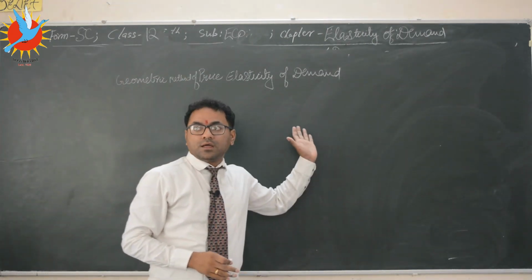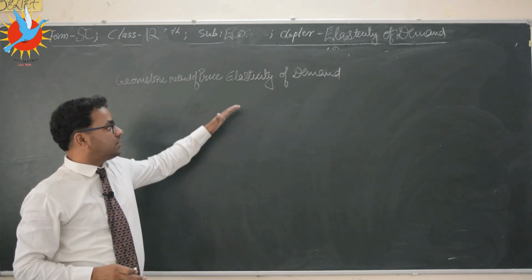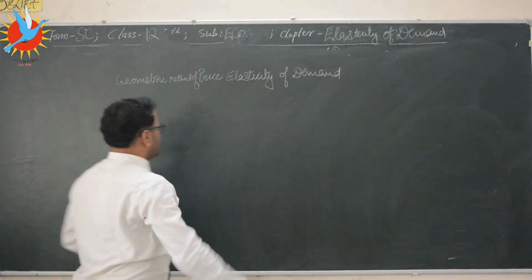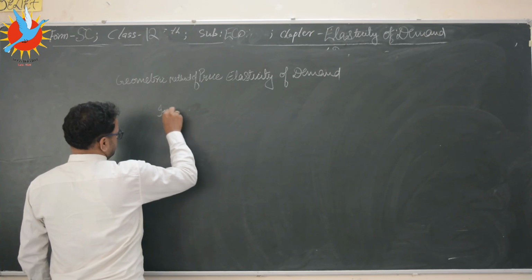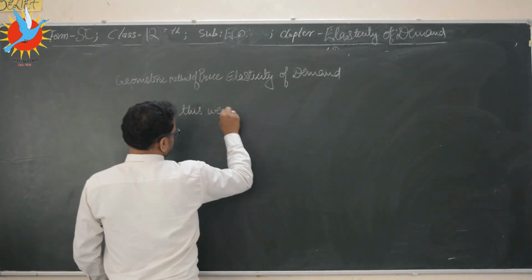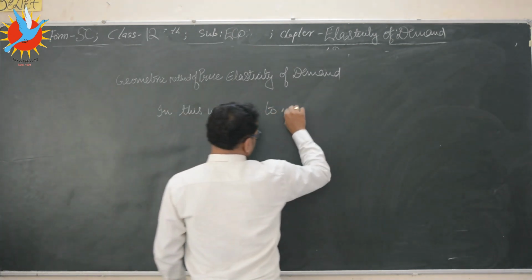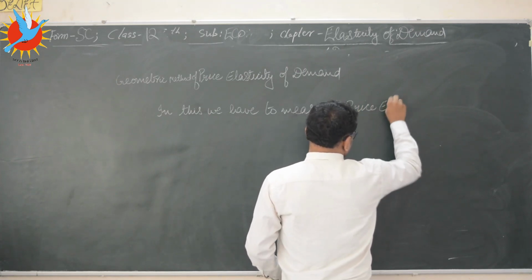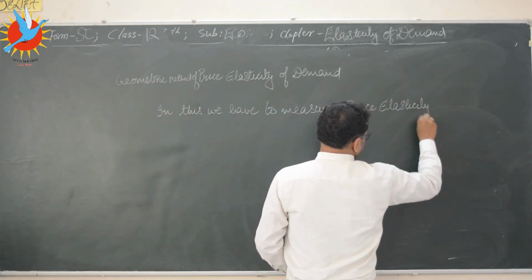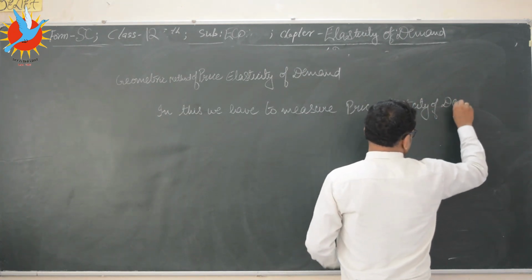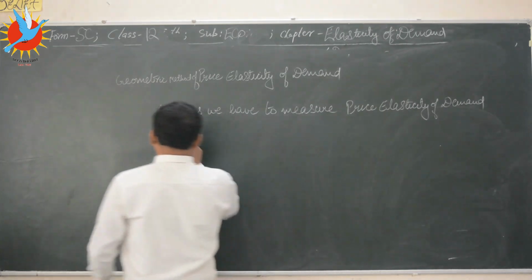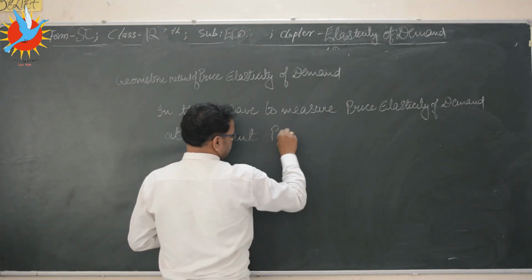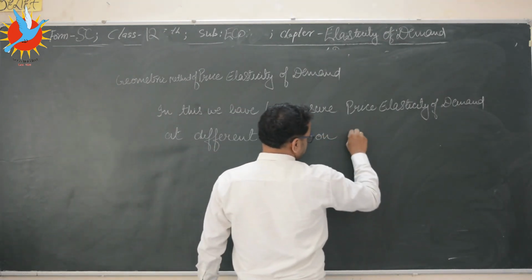See, we can elaborate this through the same method of measuring, the proportionate method, but since the derivation is not given in your book, we will find out, means in this we have to measure price elasticity of demand at different points on a demand curve.